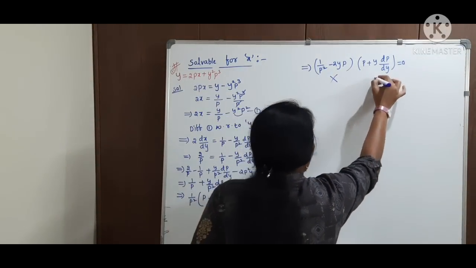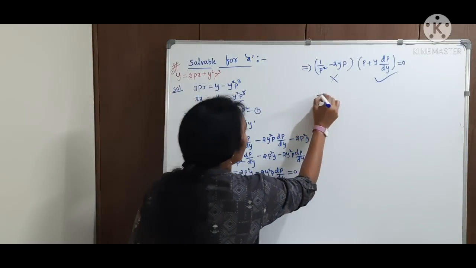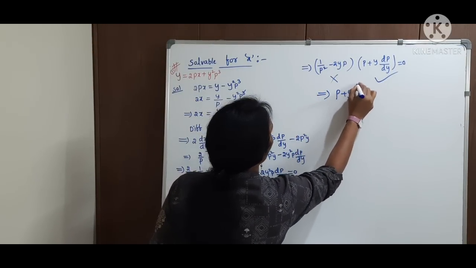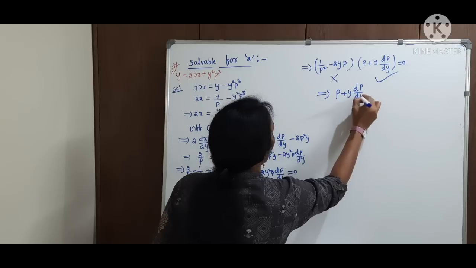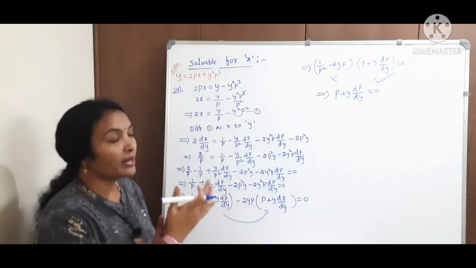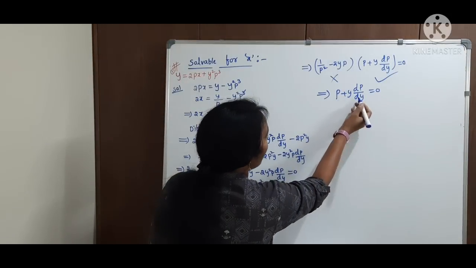Now what is our right factor? p plus y dp by dy. Then considering that p plus y dp by dy, our previous job starts now here. From here onwards, what we have to do? Separating the variables and applying the integration. Here y is here.